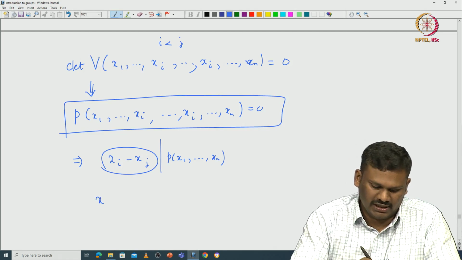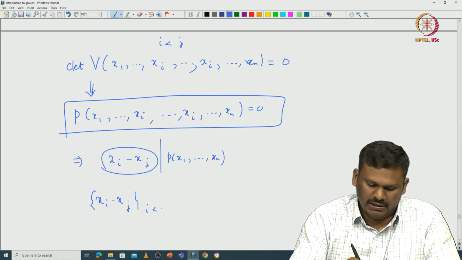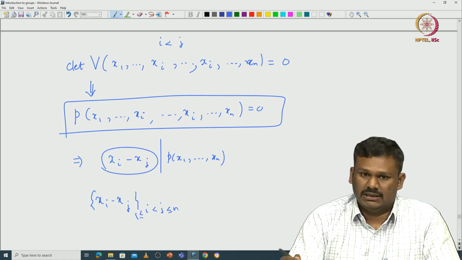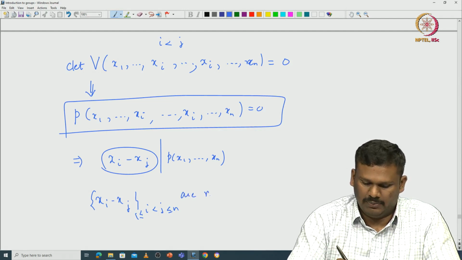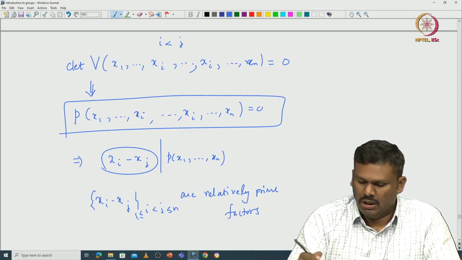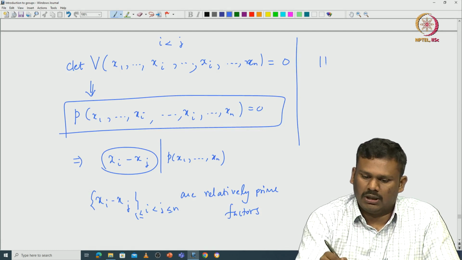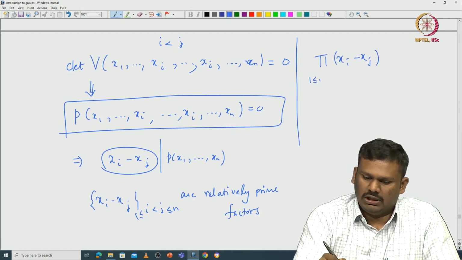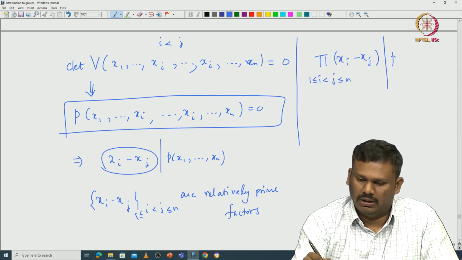But now since this is actually a factor, these factors are all relatively prime. So this xi minus xj, when i and j vary over 1 to n such that i is less than j, these are all relatively prime factors. So in particular the product of them, the product of xi minus xj, 1 less than or equal to i less than j less than or equal to n, is going to divide your polynomial p of x1 etc. xn.